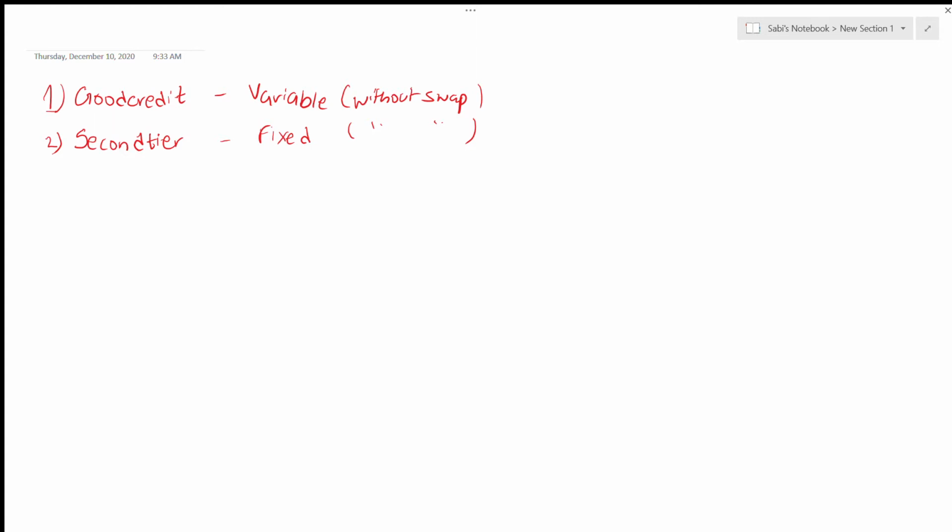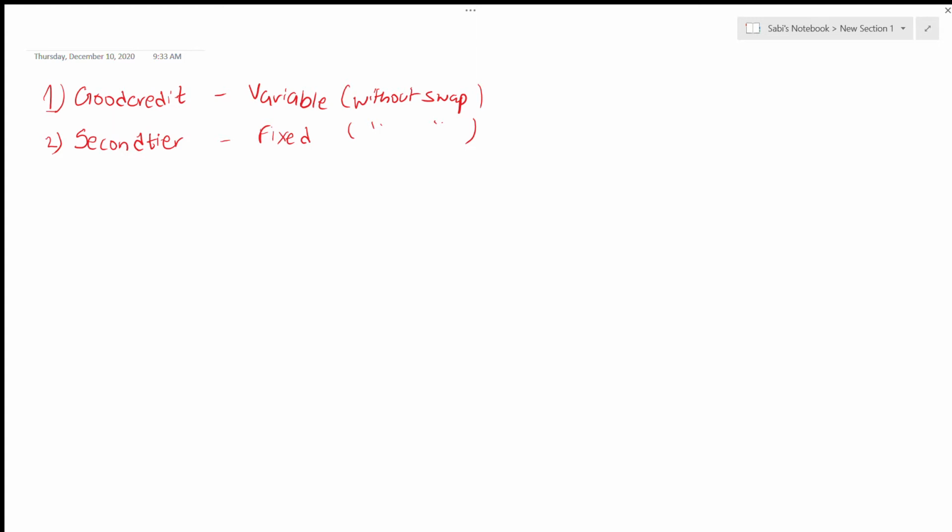Now we'll show you how, whatever they want to borrow, in this case good credit wants to borrow at variable and second tier wants to borrow at fixed, at the end you will see that they end up paying that rate only, whichever rate they want in the beginning.